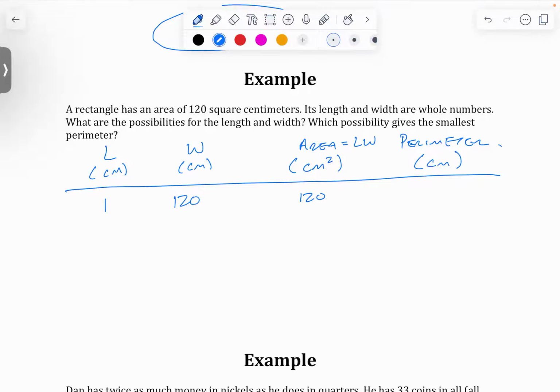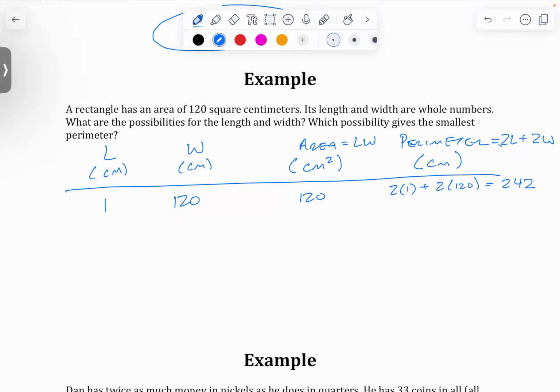And then perimeter. It's 2 lengths plus 2 widths. So 2 times 1 plus 2 times 120 makes 242.